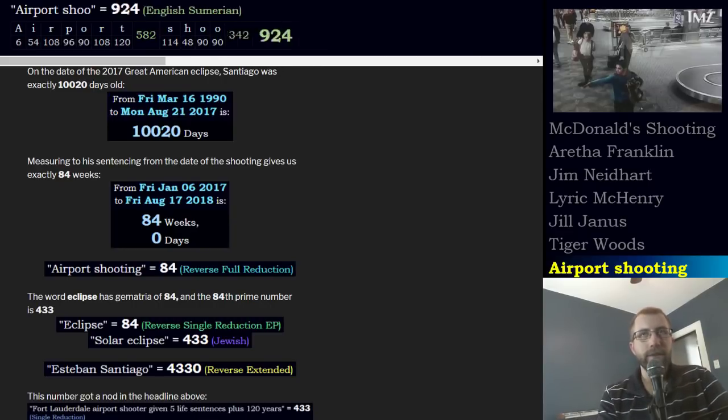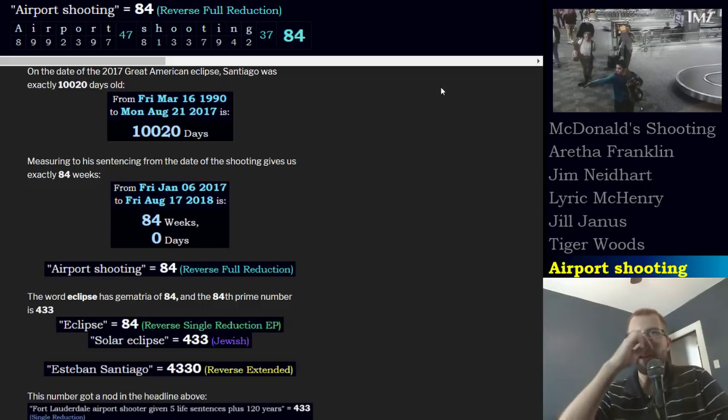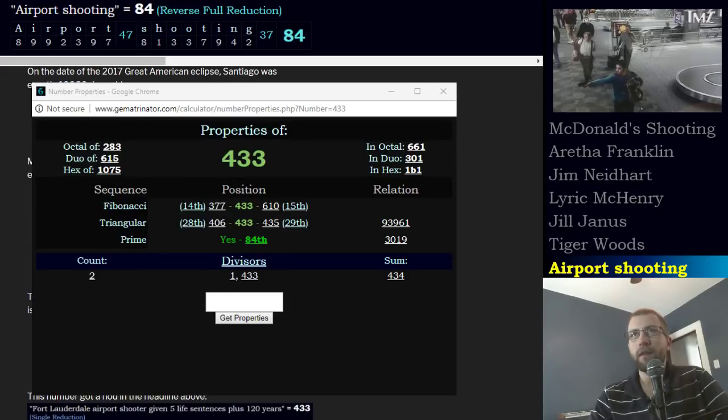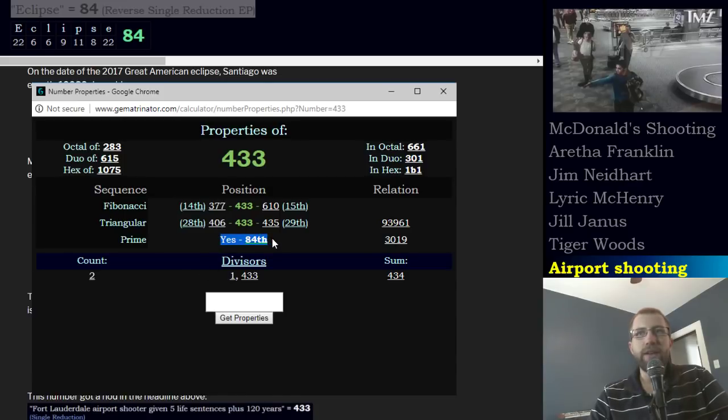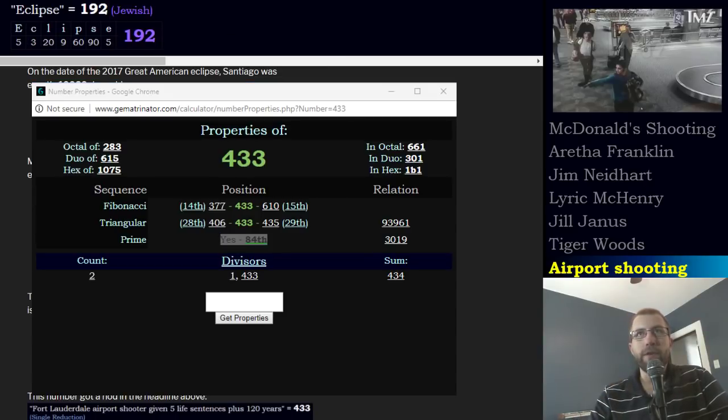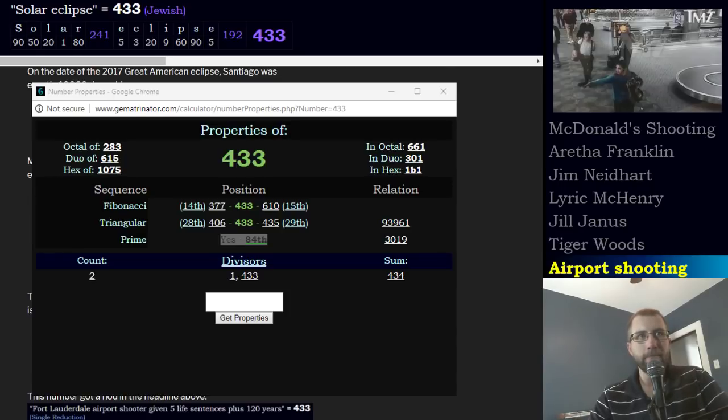In Gematria, airport shooting equals 84. And this is pretty interesting in relation to an eclipse ritual. First of all, the word eclipse equals 84 with all reduction exceptions. The 84th prime number is 433. And 433 is the gematria of solar eclipse in the Jewish method.